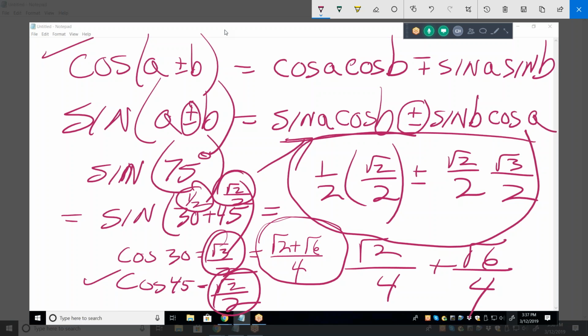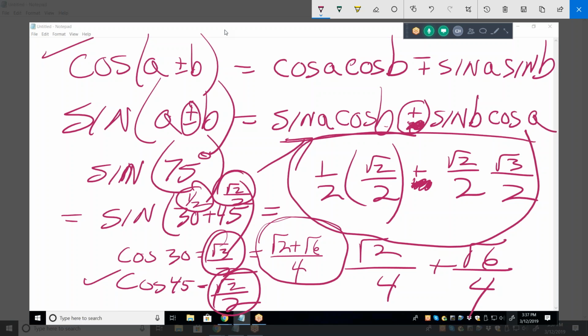Hold on a second. Let me think about this plus or minus that's in the middle there. This was 30 plus 45, correct? So it's sine of A cosine of B plus sine of B cosine of A. In other words, we don't have that minus sign. I mistakenly put that in there.